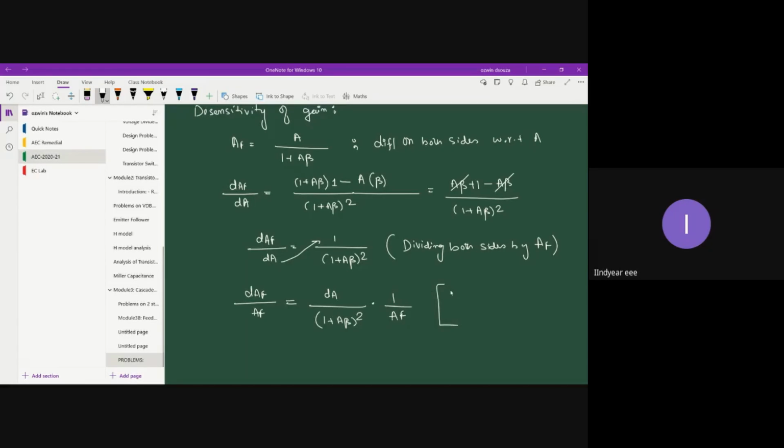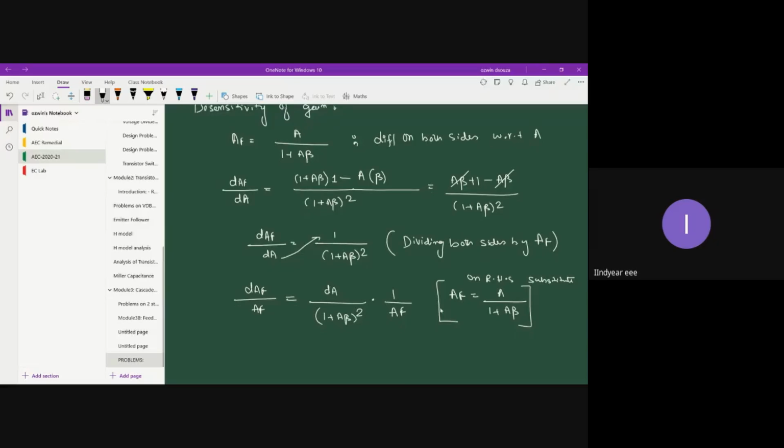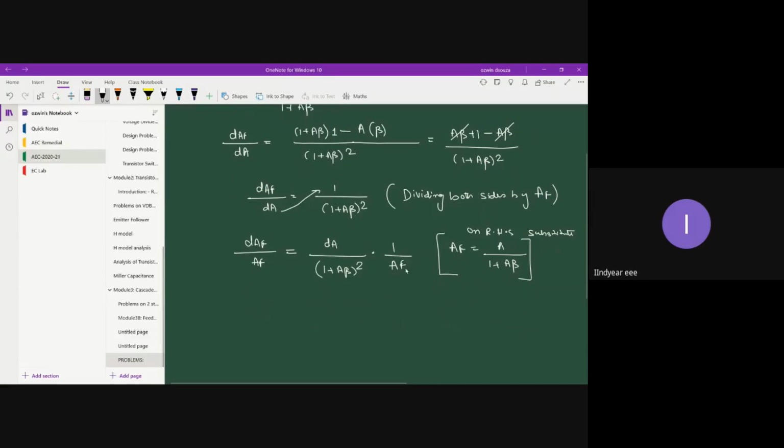Now here itself, what I will do, I will substitute for AF on the right hand side. So on RHS substitute AF. What is AF? AF is A divided by 1 plus A beta. Since AF is coming in the denominator on the right hand side, basically this relation will appear in flipped manner.